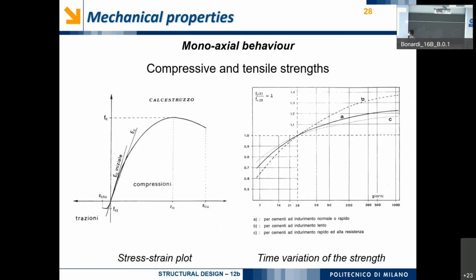What can you understand from this plot? First of all, that we start from 0, 0, okay? When the element is not undergoing any load. Assume that we are working in compression.